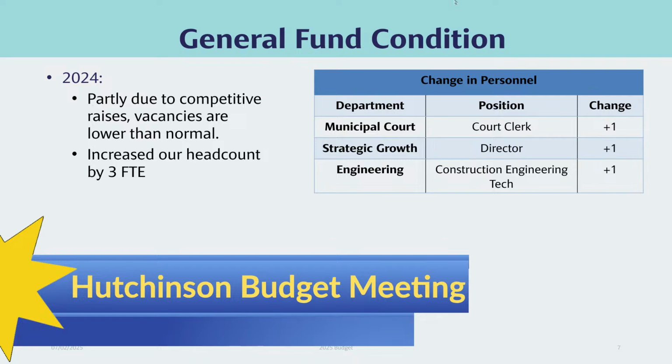But when we're looking at our budget, it probably means we're not going to underspend as much as we normally would. So vacancies are lower than normal across the board. Also, like in dispatch, we've been almost fully staffed, where that hasn't happened in years.